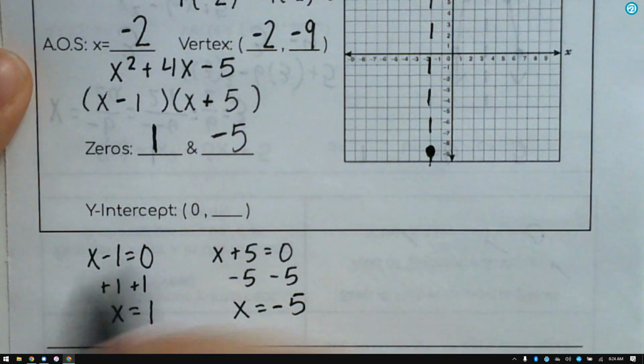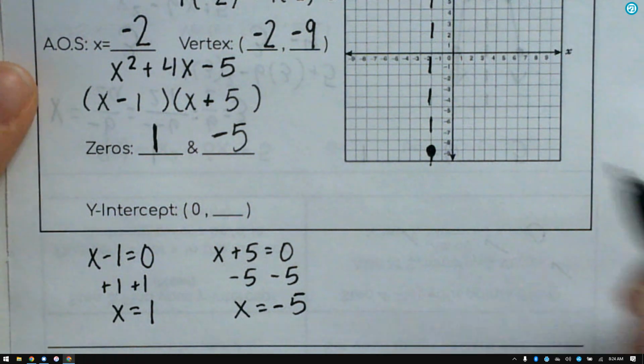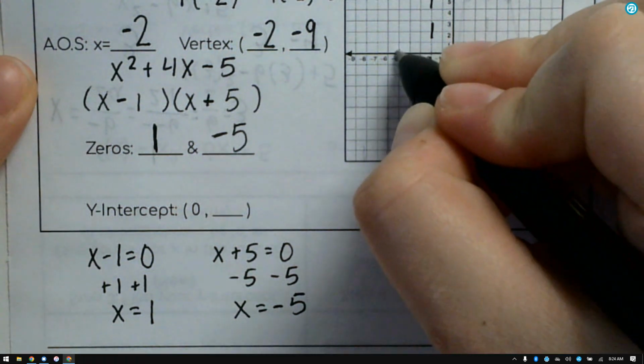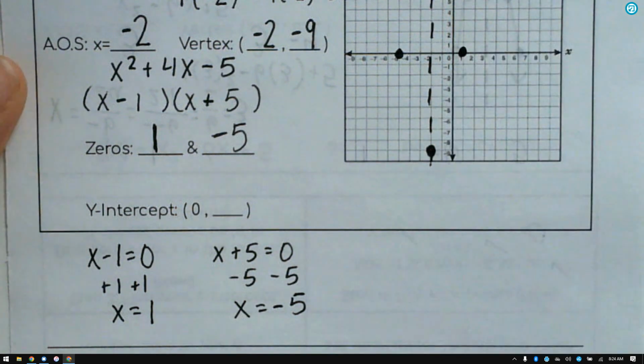This is completely optional, whether you actually write that out. I don't care. So we'll put our zeros on at -5 and positive 1. And again, if you notice, they're equidistant from that axis of symmetry.